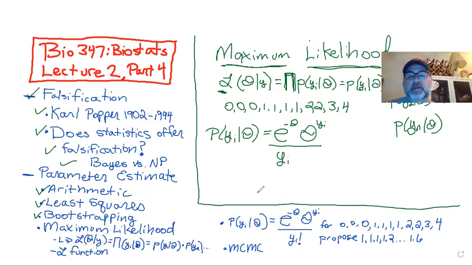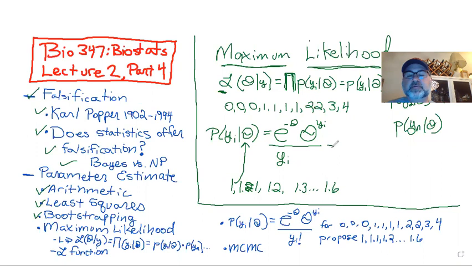What I did is propose the average is 1, 1.1, 1.2, 1.3, all the way up to 1.6. You put a number there for theta, and then you figure out what all these are.